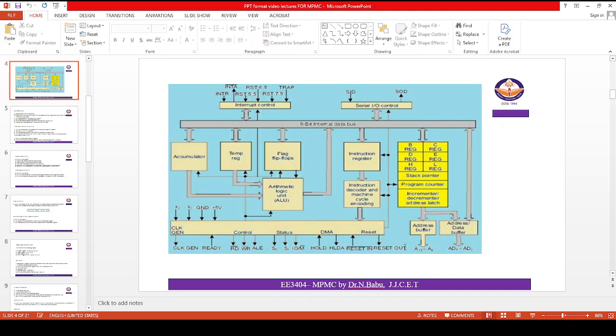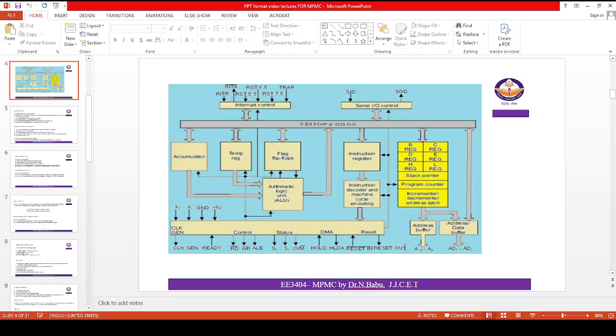Just see it, the 6 general purpose registers are mentioned on the right side of the block diagram: B, C, D, E, H and L. All are 8-bit registers. If we want service with 8-bit data, we can use B, C, D, E, H and L. Suppose instead we want service with 16-bit data.